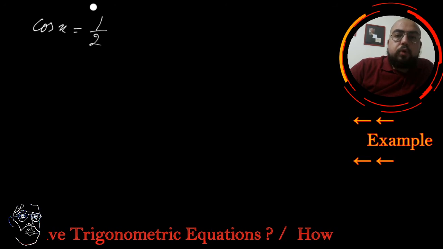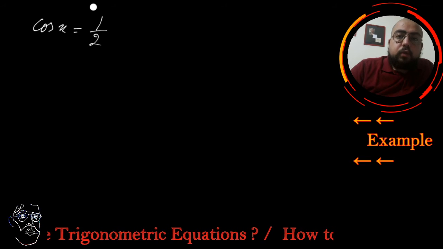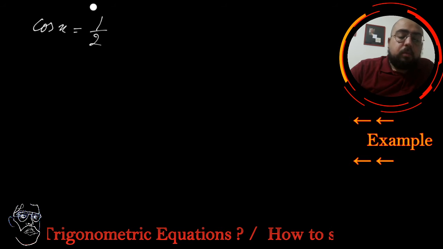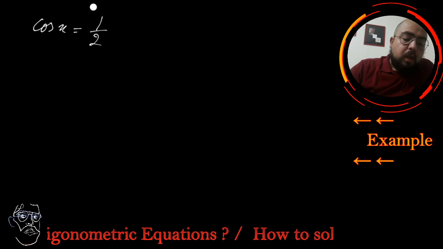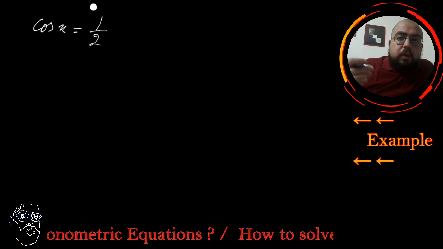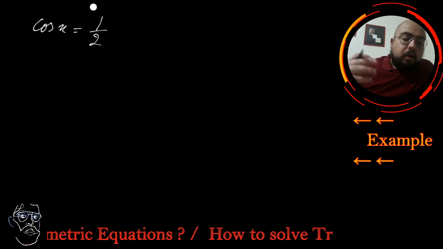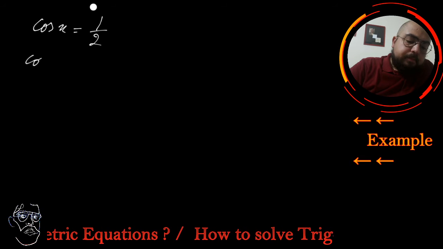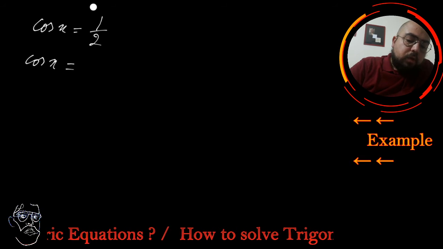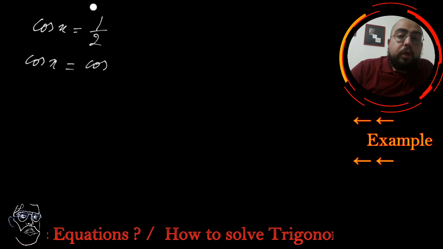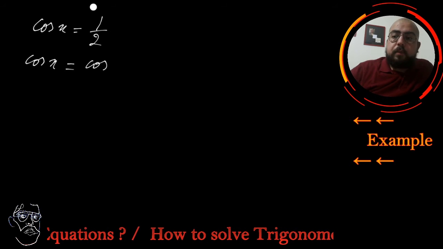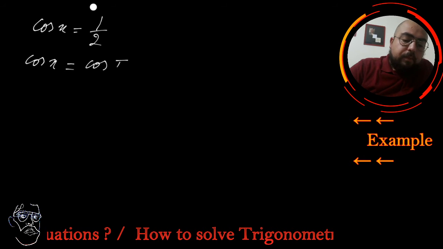So a should be between -1 and 1, and in this case it is, it's 0.5. It's a particular angle, so I do not have to use my calculator to find the angle. I simply say that it's cosine x, which is equal to cosine of which angle? It's 1 over 2. You simply say it's cosine of pi over 3.